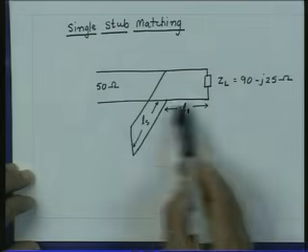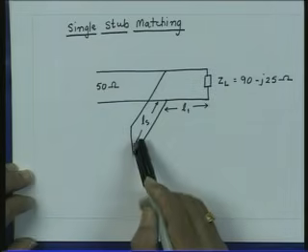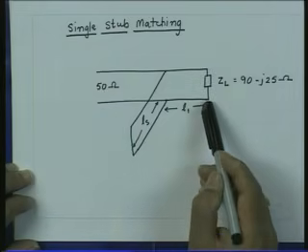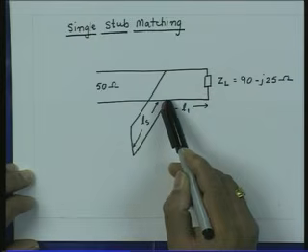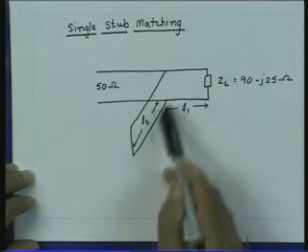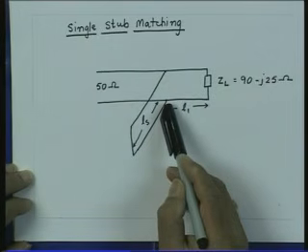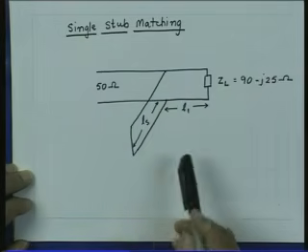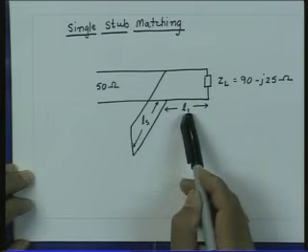So the parameters which are to be now calculated are the length of the transmission line L1, that gives the location where the stub is to be introduced on the main line, and the length of the stub Ls. So these two quantities are unknown.